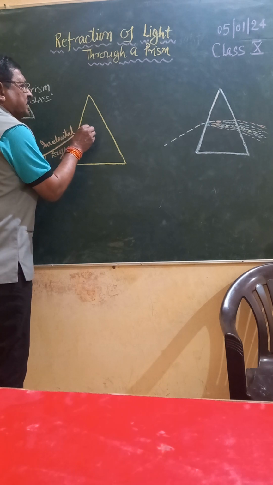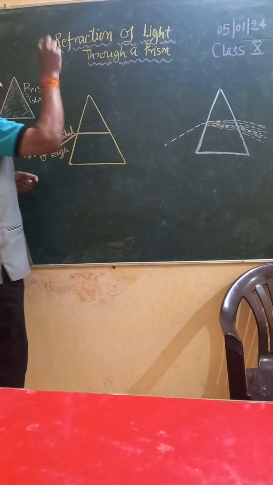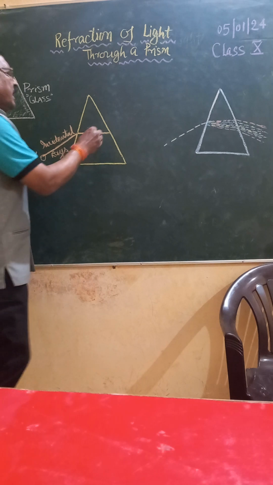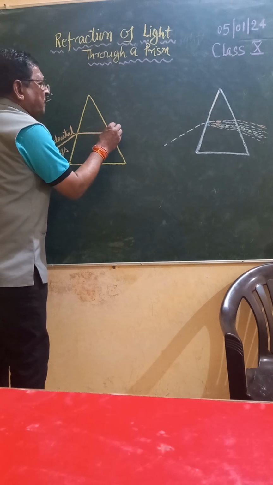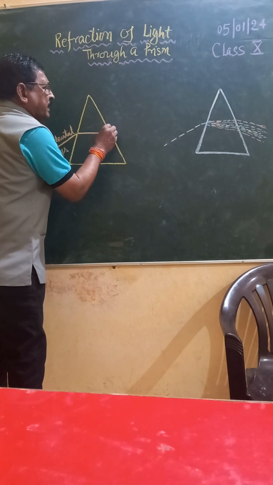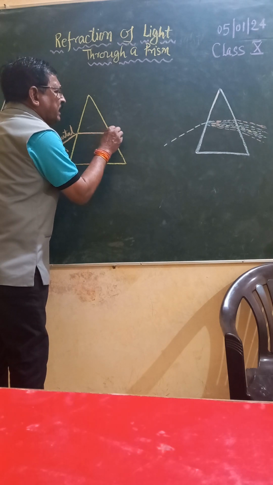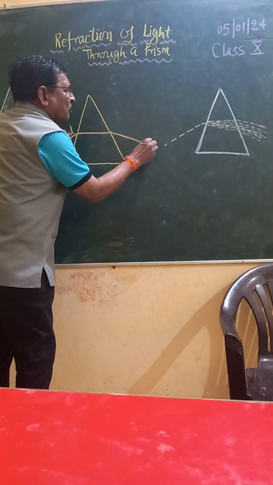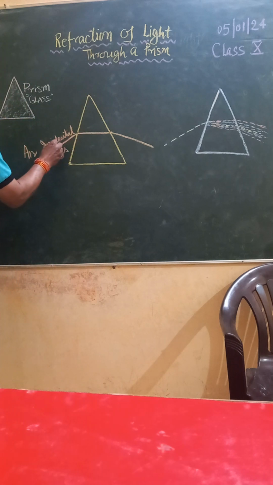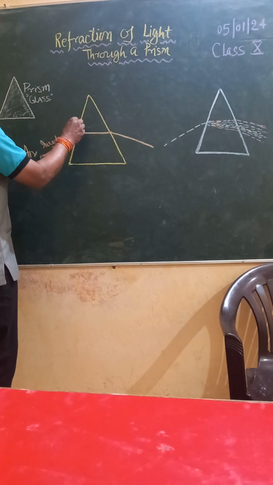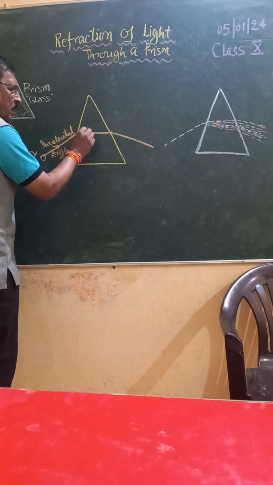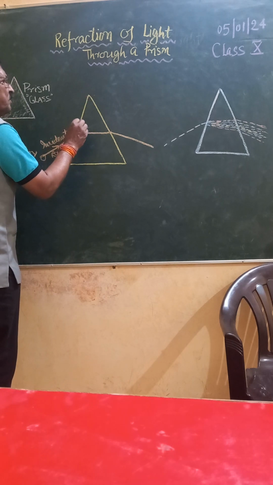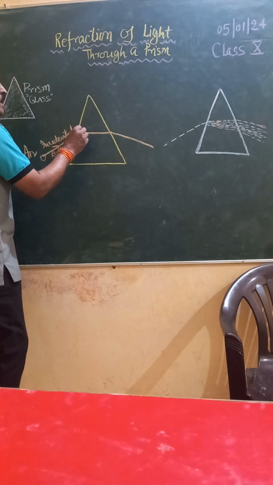See how it goes: it deviates, and then further it finds it is a glass medium, and then further it finds the air medium, so it moves on like this. So the incident rays, when allowed to fall on a prism made of glass, change direction due to the medium change.